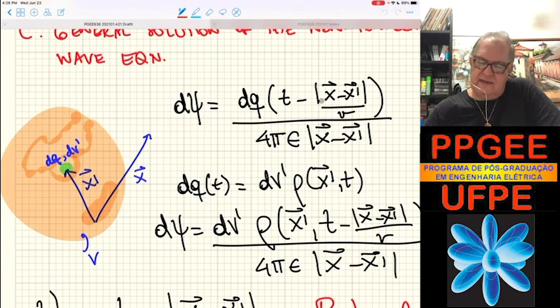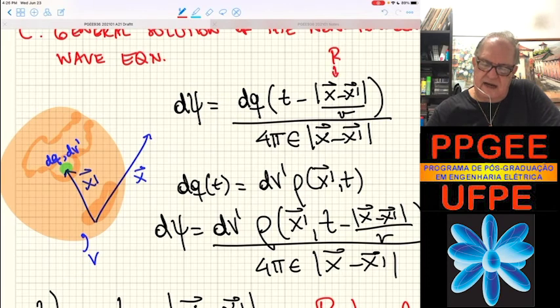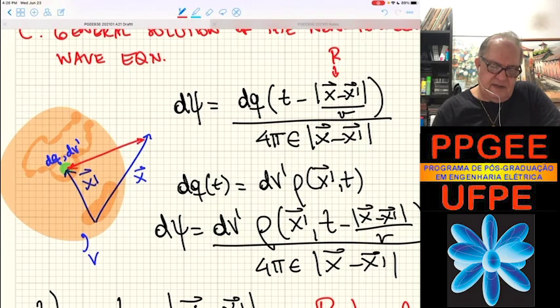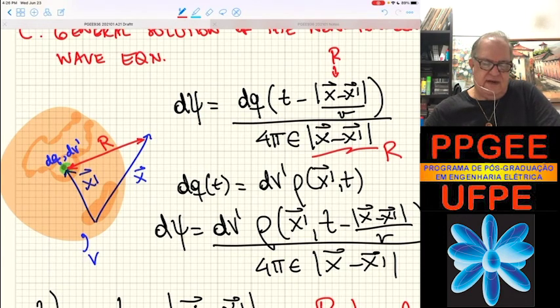Well, this is r, in fact. This thing here is r, the magnitude of the distance between x and x prime. That's the r that appears. Same thing, just change the reference. The volume is at x prime, so the distance we have to use is x minus x prime. The q is the volume integral at time t.